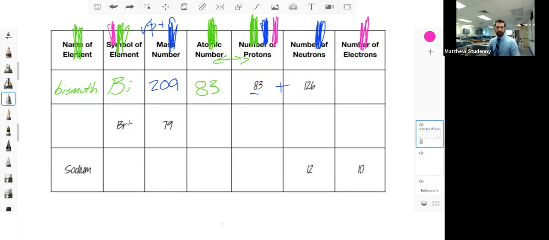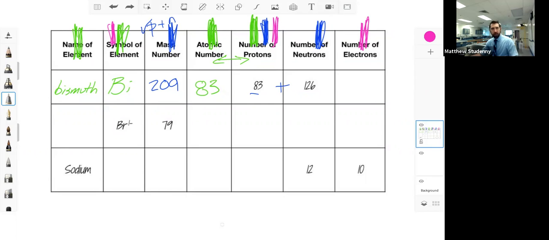But what I want you to realize in our first example, I'm not given a specific number of electrons, and I'm not given any kind of symbol, in terms of a positive or negative charge on the element symbol. So I have no information telling me if there's different numbers of electrons or an ion involved. And if you are not given information like that, then you assume that the atom is neutral.